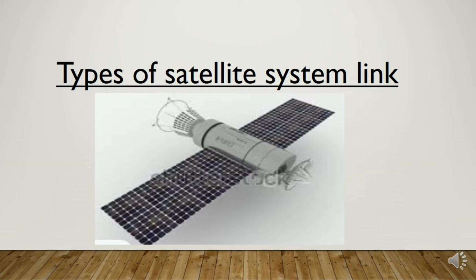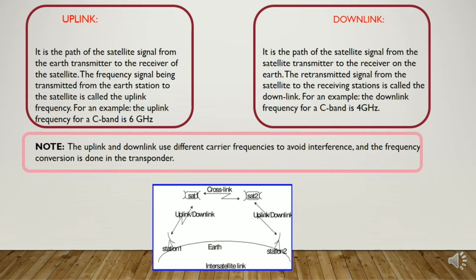For the uplink, it is the path of the satellite signal from the Earth transmitted to the receiver of the satellite. The frequency signal being transmitted from the Earth station to the satellite is called the uplink frequency, up, because it is going up from the Earth to the space.